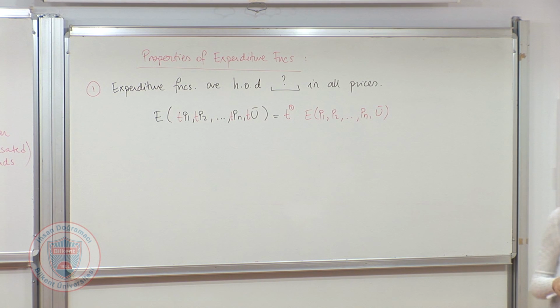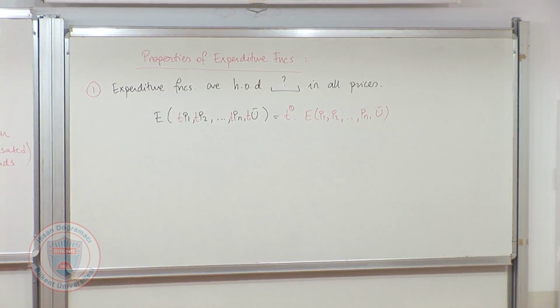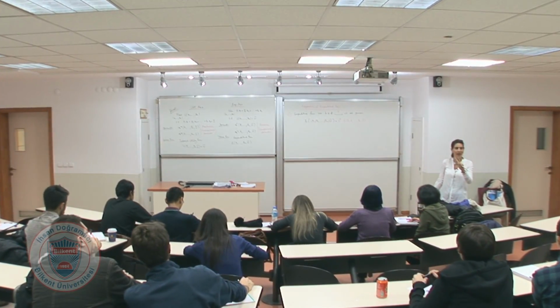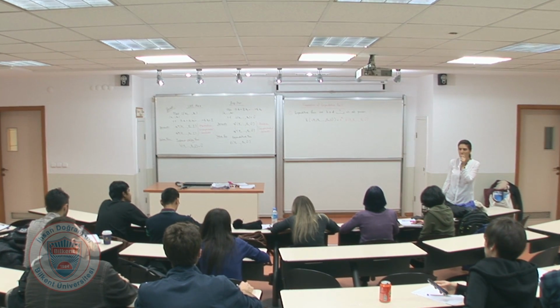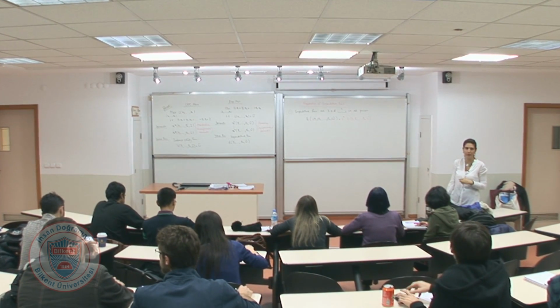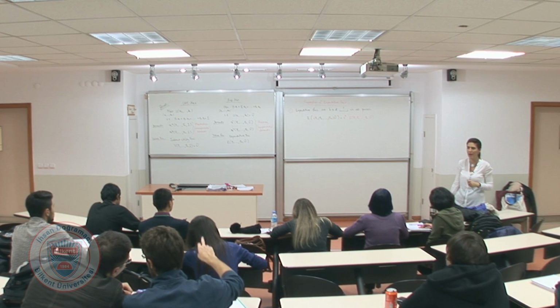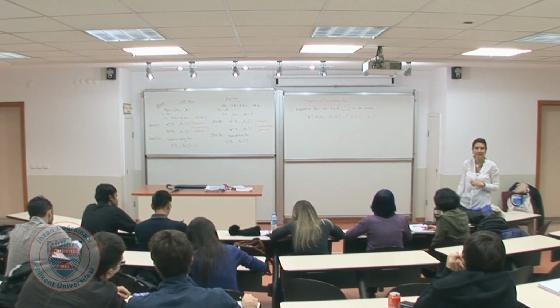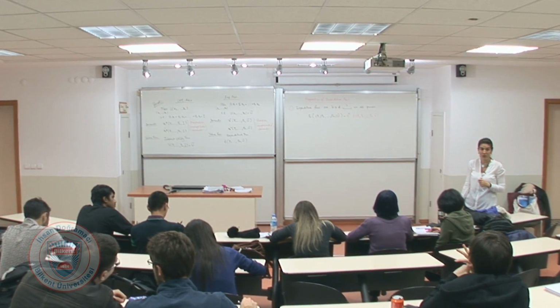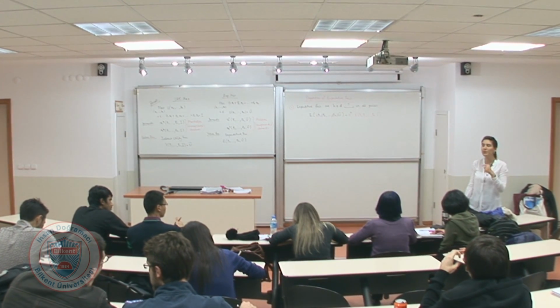So what do you think this is? What does this mean? In most of utility theory, you can always go back to the two good case, okay? So suppose I double both of the prices, the price of X and the price of Y. What's going to happen? Expenditure will? Do you think my optimal bundle will change?